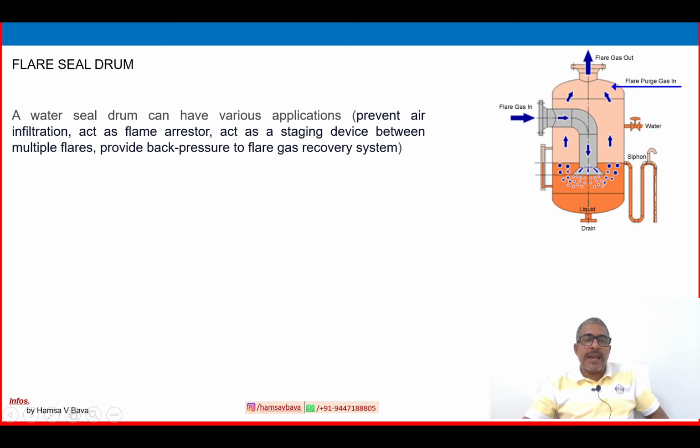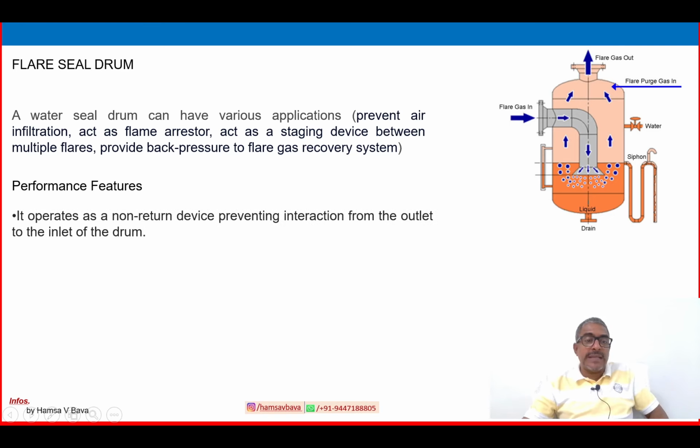A water seal drum can have various applications: prevent air infiltration, act as a flame arrestor. See, one more important use is as a flame arrestor, act as a staging device between multiple flares, and provide back pressure to the flare gas recovery system. See, many applications. Performance features you can discuss.